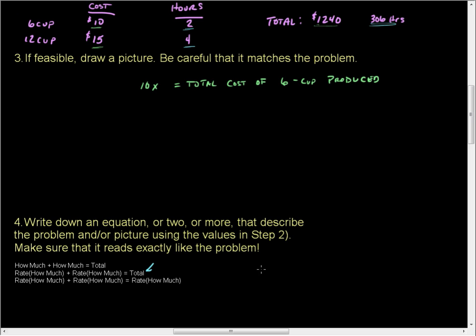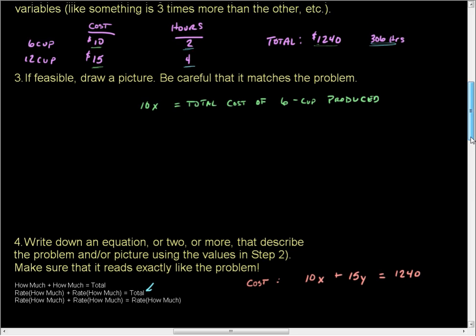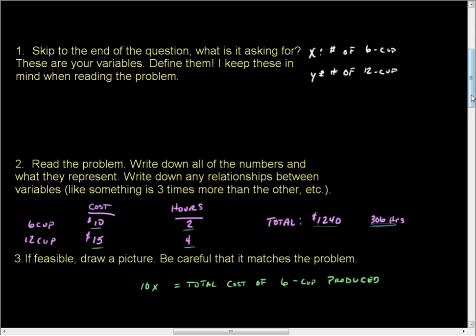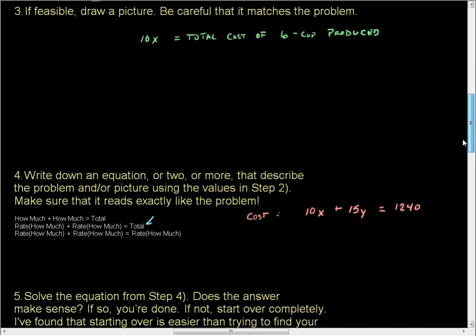Here's how this works. The rate of cost, and I'm going to do cost first, is $10 per 6 cup plus $15 per 12 cup, which must equal our total amount spent. A rate, $10 times how much? X. Remember that we defined X to be the number of 6 cups and Y to be the number of 12 cups.